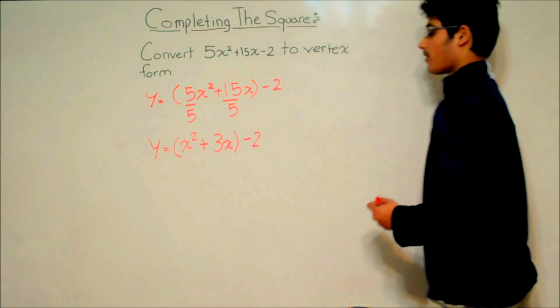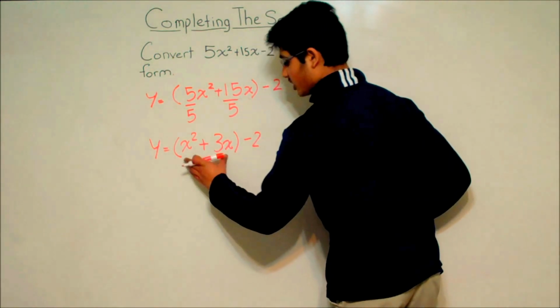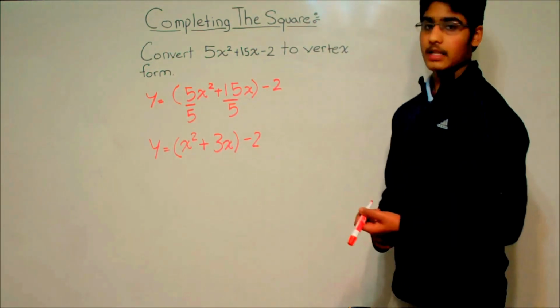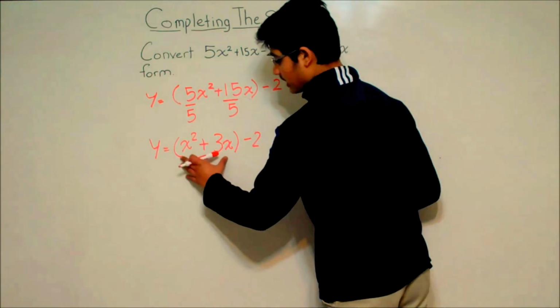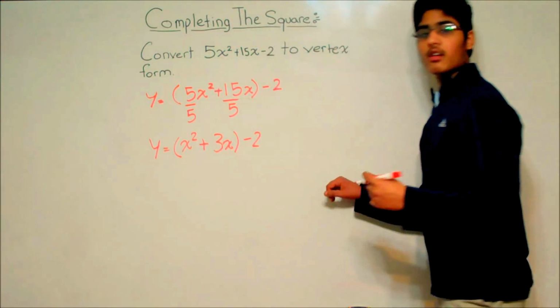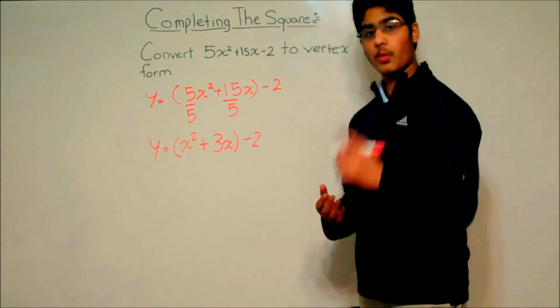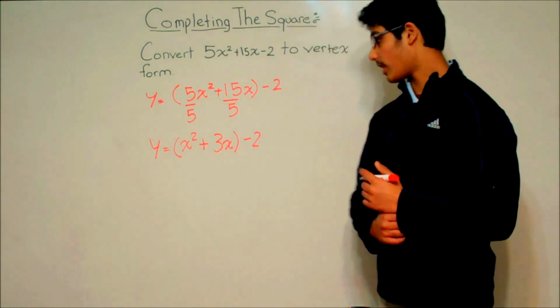Now the next part of completing the square is making this first part a perfect trinomial. A perfect trinomial is the square of one binomial. That means one binomial multiplied by itself becomes that perfect trinomial.